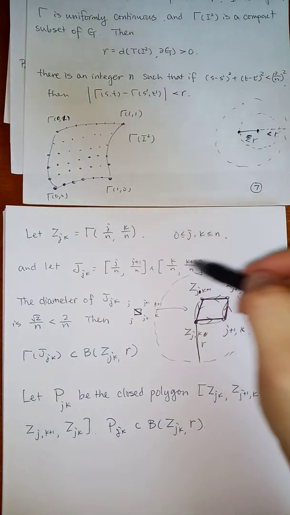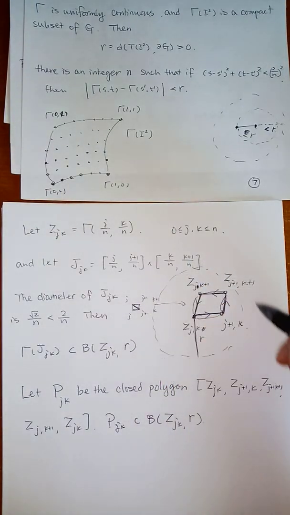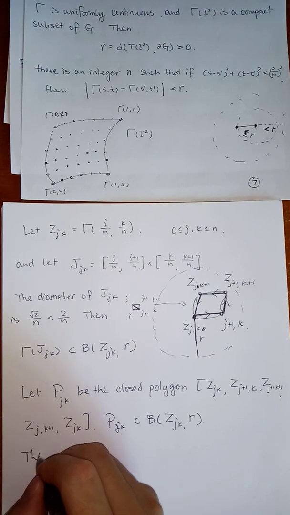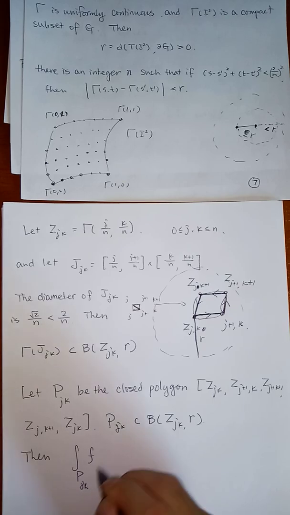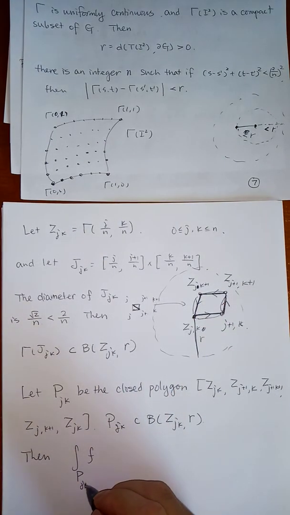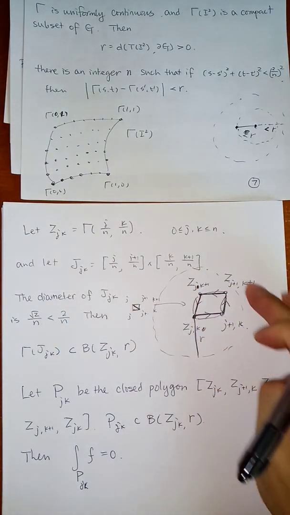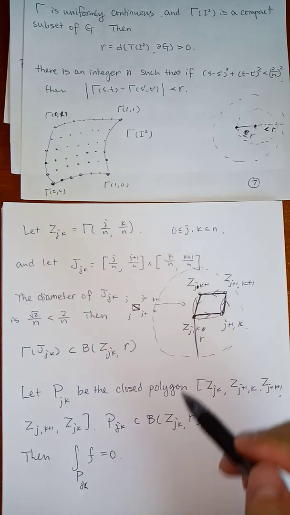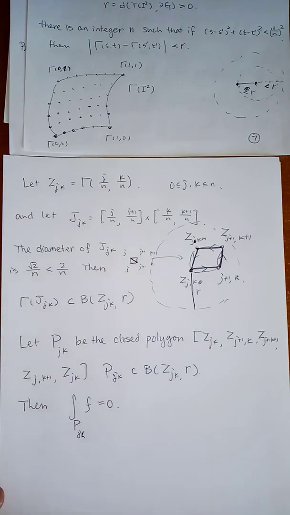So it's totally inside this big one. Since it's inside this closed disk, we know the integral of f along P_jk is 0. f is analytic, so for every closed rectifiable curve gamma and analytic function f, the integral of f along gamma is always 0. We already proved that because there is an antiderivative.